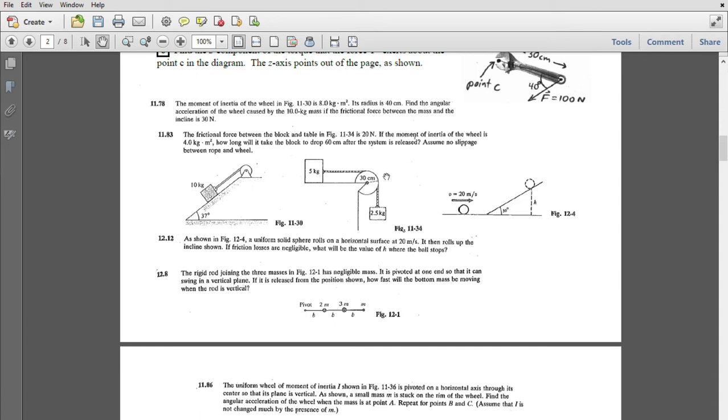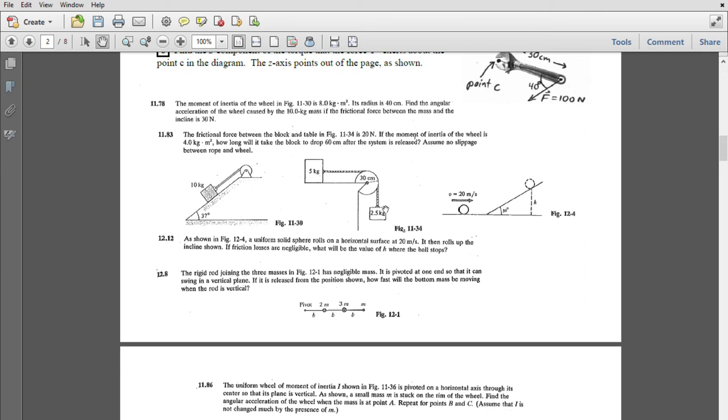What we want to do is figure out the acceleration of this object, and we can do that by writing down 3 versions of F equals m a. We can call plus y down for this one, plus y to the right for this one, and positive rotations to be counterclockwise for this one, so they're all consistent.